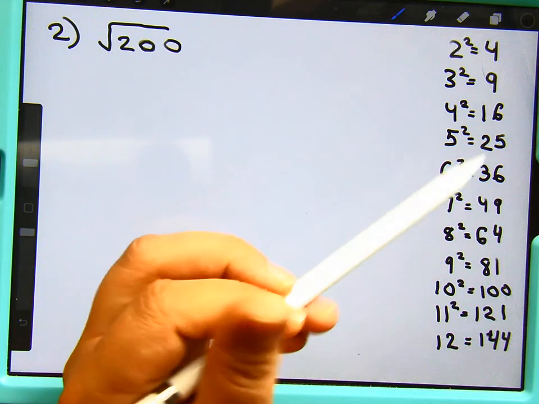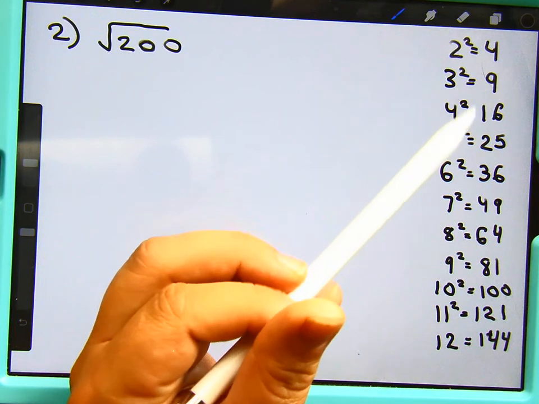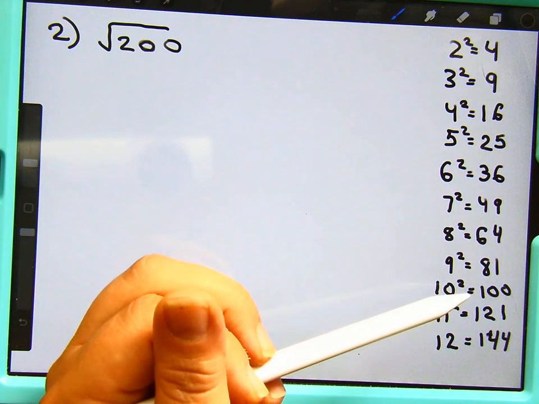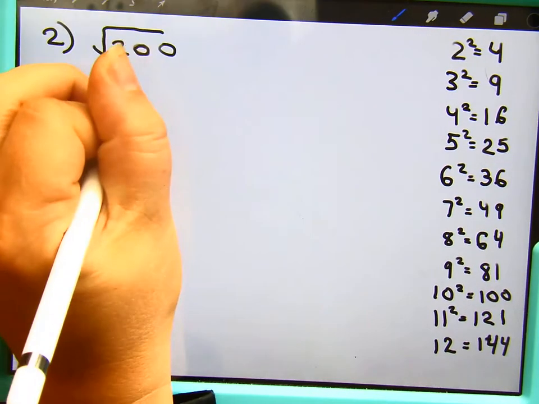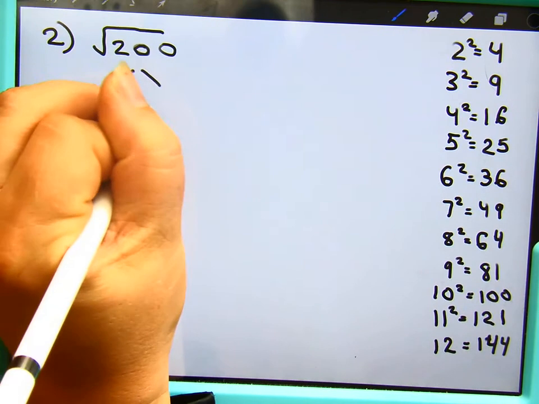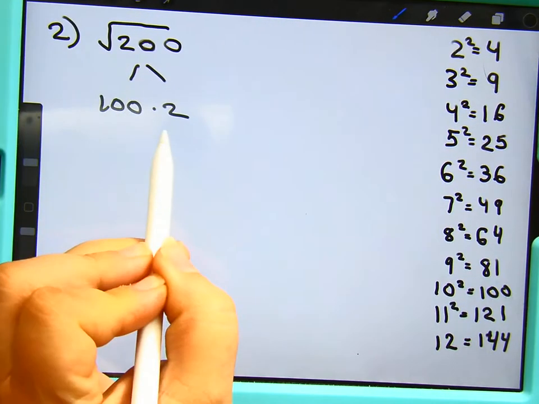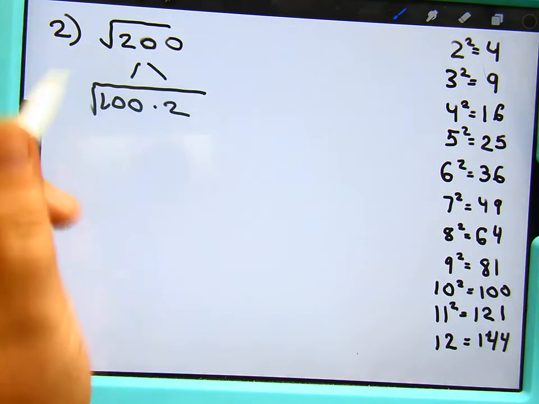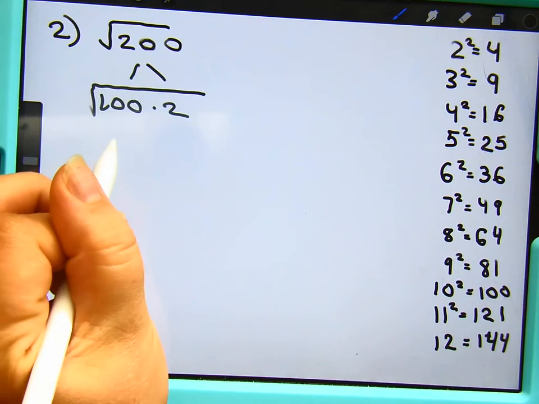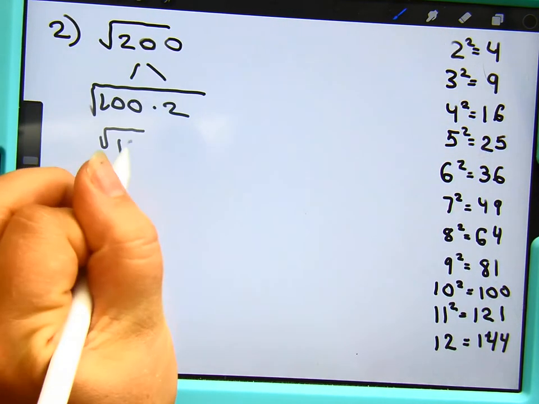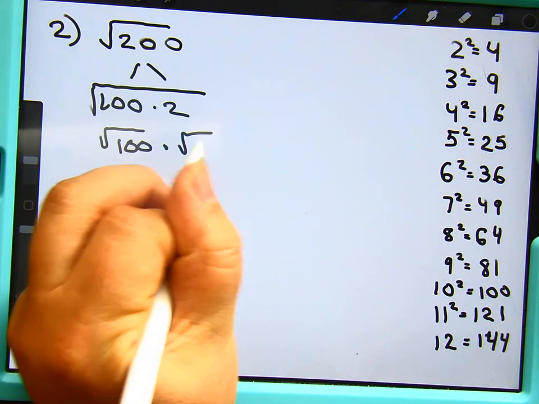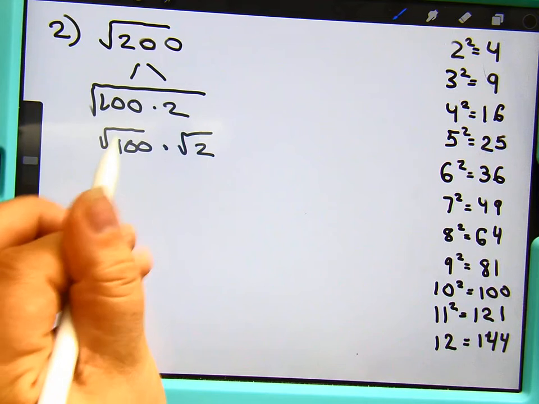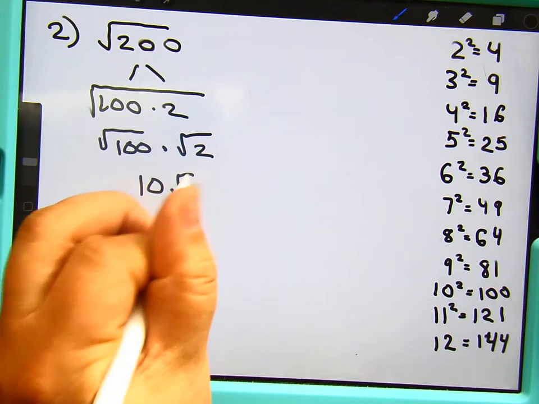So hopefully, instead of going 200 divided by 4, divided by 9, divided by 16, you can go, well, factors of 200 are 100 times 2. And 2 can't be simplified any further. 100 is a perfect square, so boom. I can break this into the square root of 100 times the square root of 2. I can simplify that, and I get 10 square root 2.